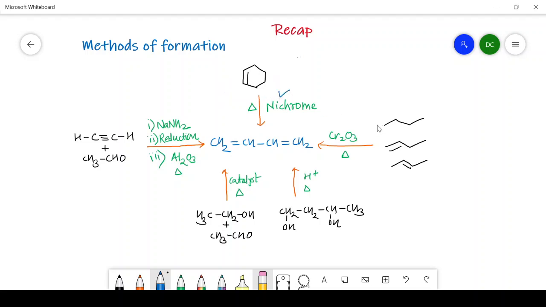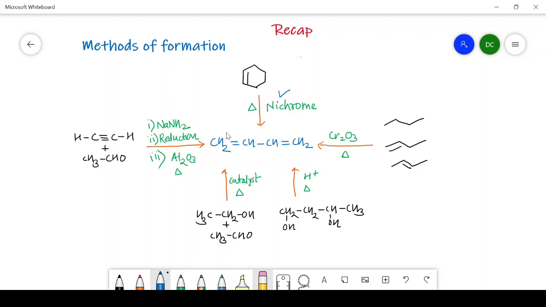It is also prepared from either butane or 1-butene by dehydrogenation reaction in presence of chromium oxide. The dehydration of 1,3-butanediol gives 1,3-butadiene, whereas the reaction of acetaldehyde either with ethanol or with acetylene in different reaction conditions finally gave 1,3-butadiene.